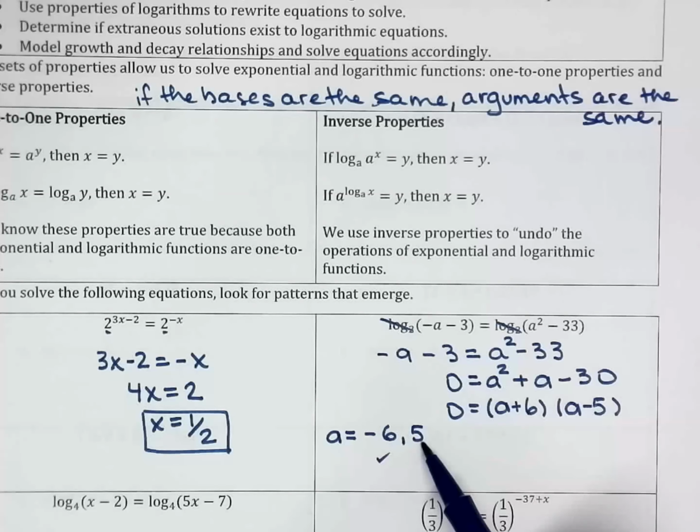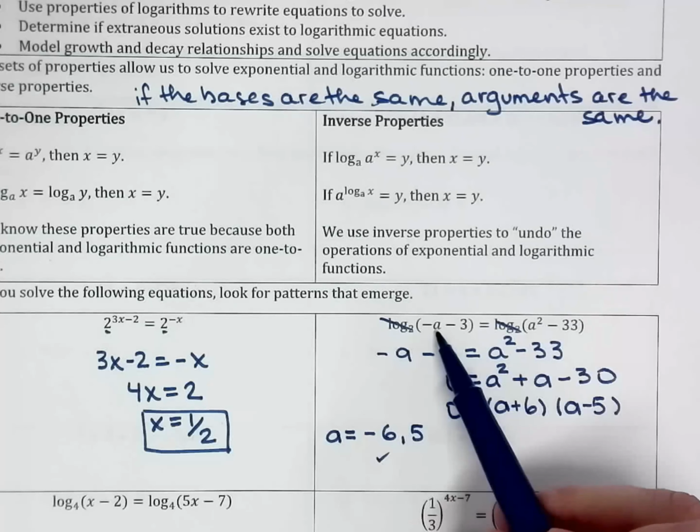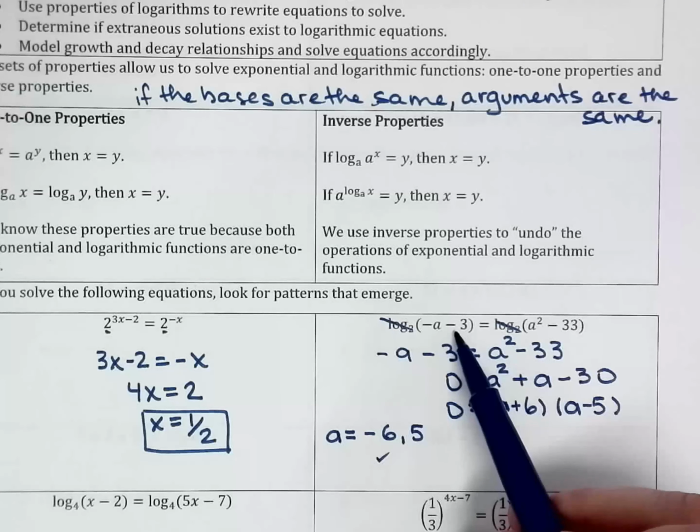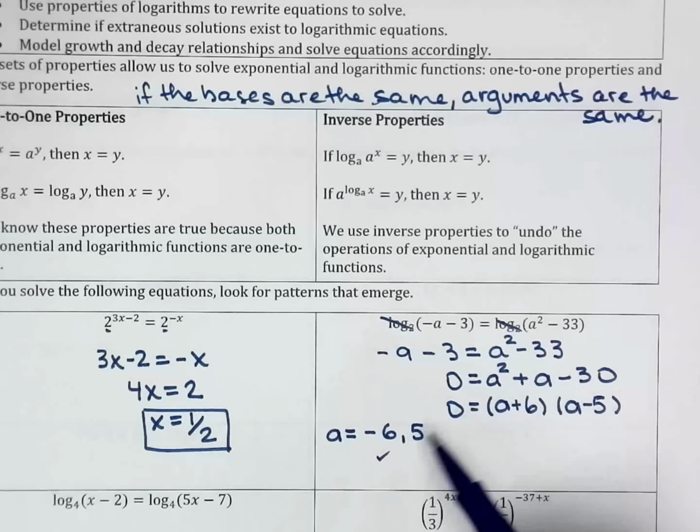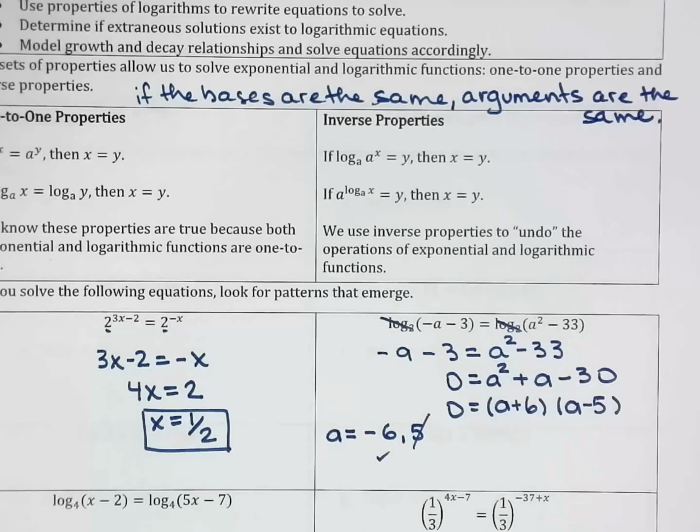Now if I plug in 5 for a, I have negative 5 minus 3, that's negative 8. So I cannot use that one. I cannot take the log of a negative number. So 5 is extraneous. So my final answer will be a equals negative 6.